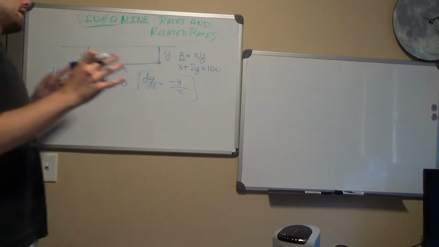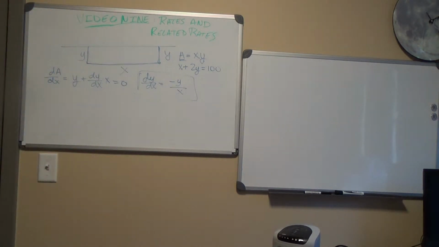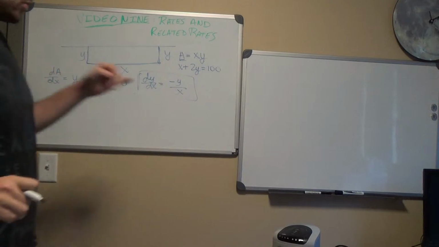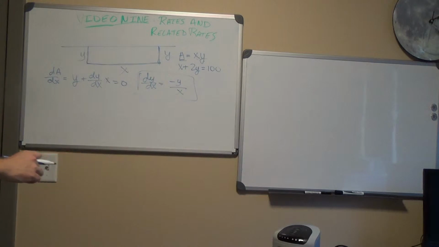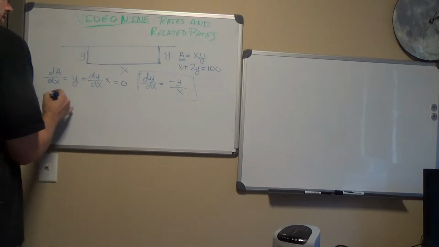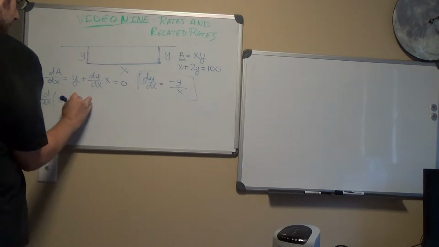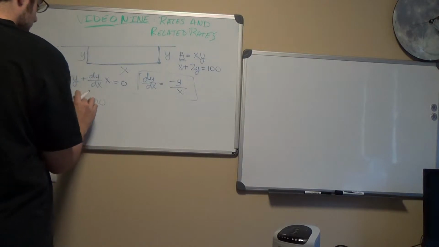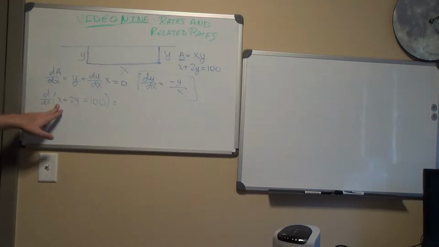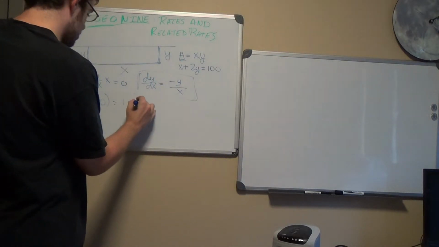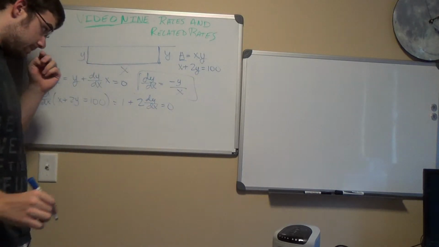Now we want some way to get this expression into here. So what we need to do is implicitly differentiate this now. So we end up with d/dx of x plus 2y equals 100. The derivative of x is 1 plus 2 dy/dx equals 0.